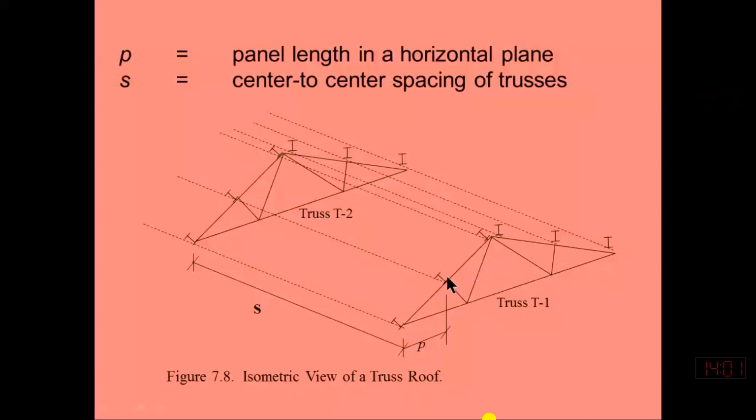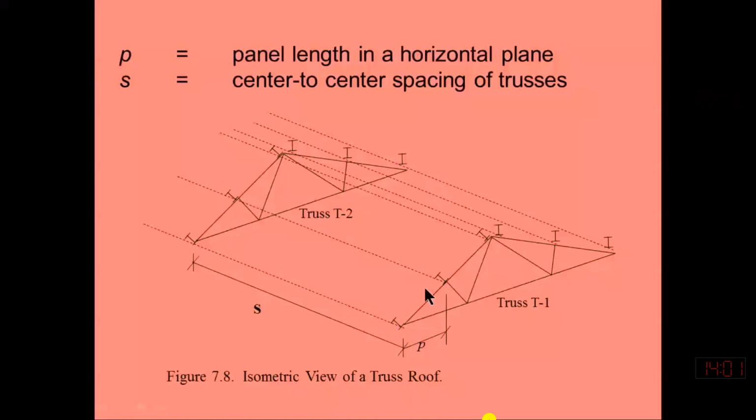The panel length is the horizontal distance between two panel points, or two consecutive joints with reference to the top chord. If we know this P value and we know this theta, we know the length of this top chord, or the length of the sheet that can be placed between two purlins along the length in the inclined direction.